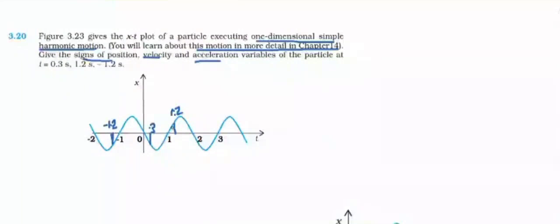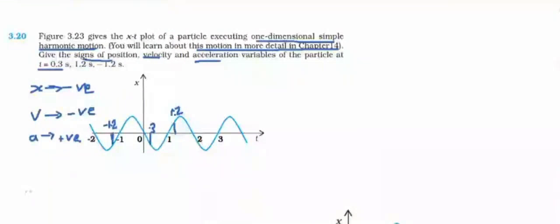So if we see the sign, first case t is equal to 0.3 seconds, according to the graph given, the position is negative. If the position is negative, definitely velocity also will be negative. And position and acceleration are always opposite, so acceleration will be positive.